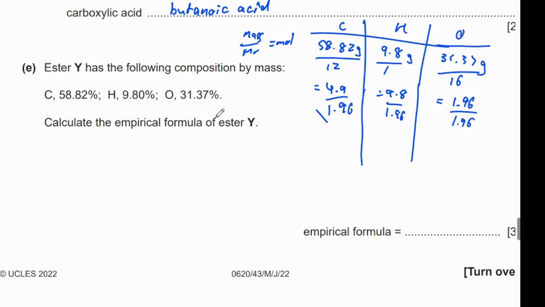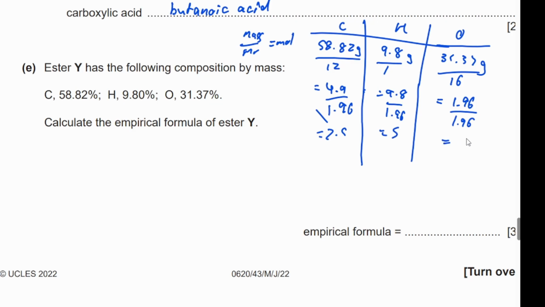Put it in your calculator: 4.9 divided by 1.96 gives 2.5, and 9.8 divided by 1.96 gives 5.